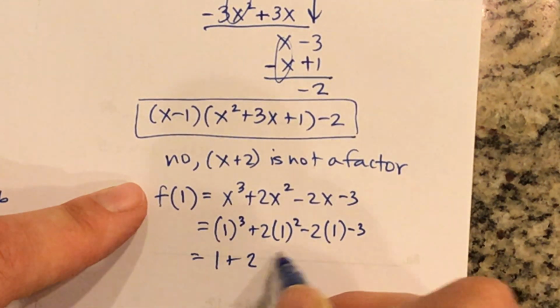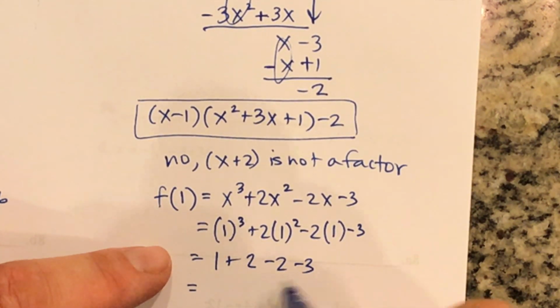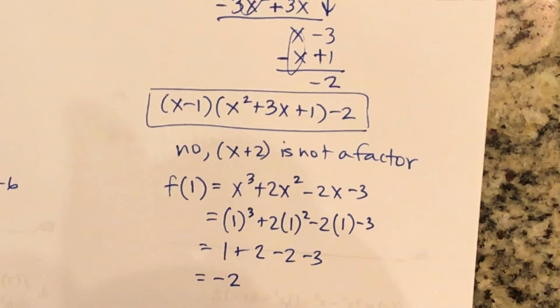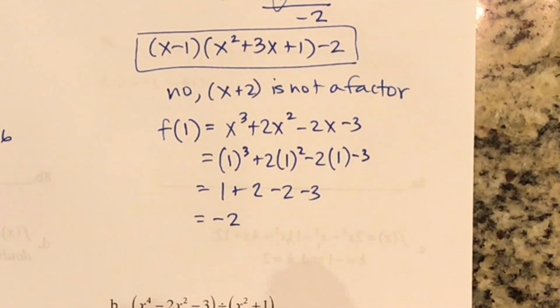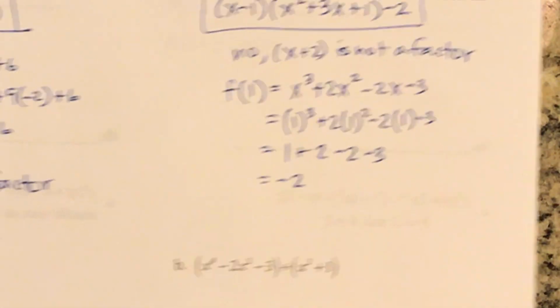Plus 2, minus 3. So that's 3 minus 3. That's a negative 2, friends, which we expected. Okay. Not a factor.